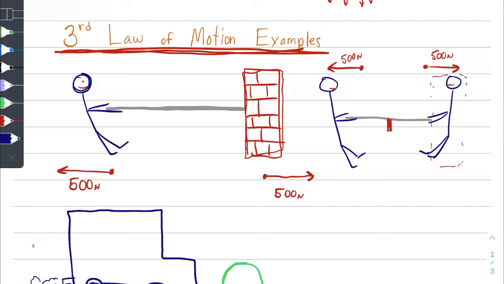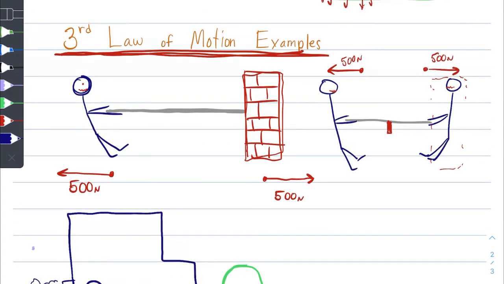Let's imagine they're not following the rules of the road, and we'll say this shipping vehicle is moving forward to the right at 10 newtons of force. This turtle shell vehicle is moving in the opposite direction, head-on, at 2 newtons.